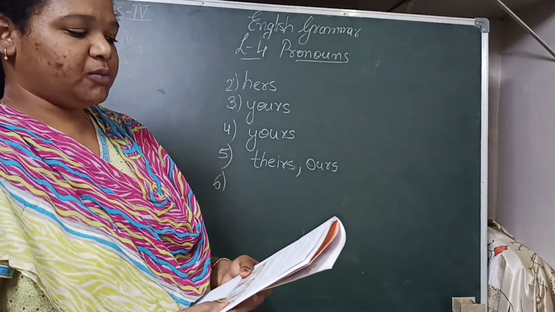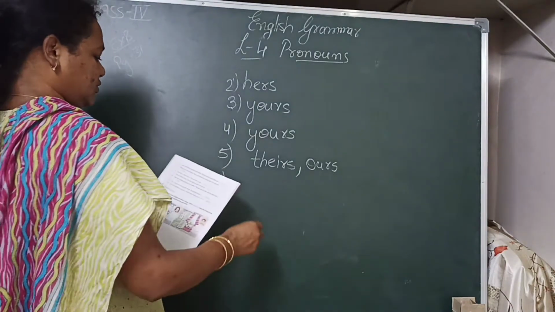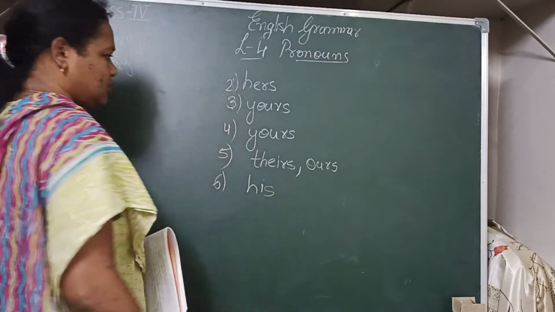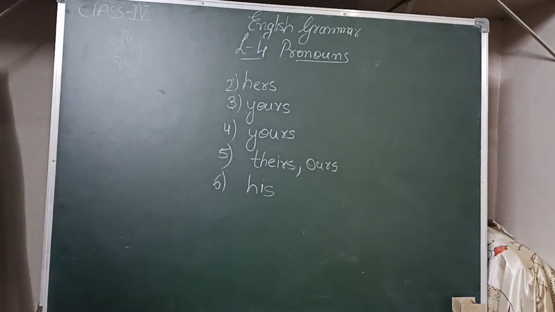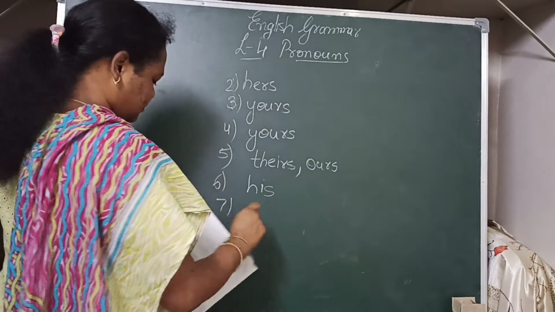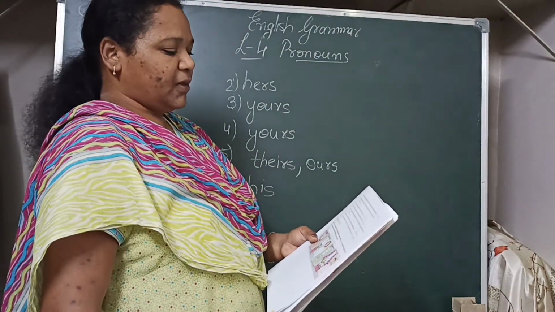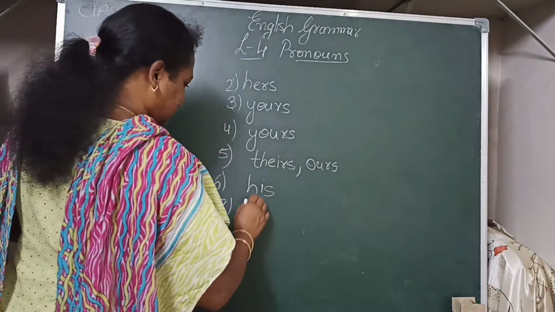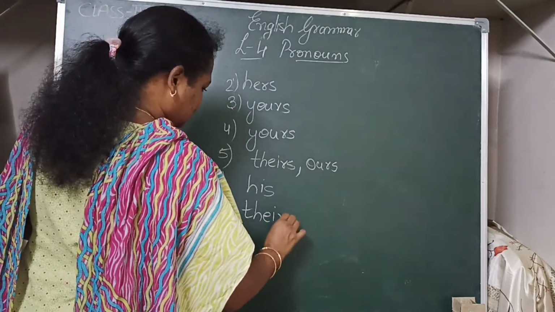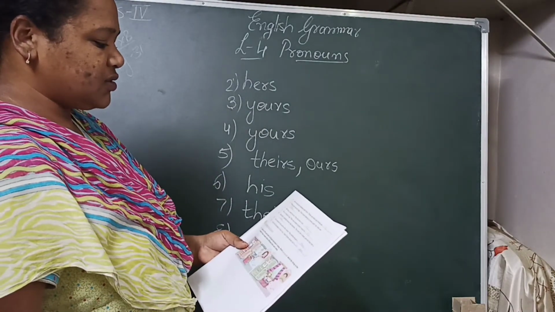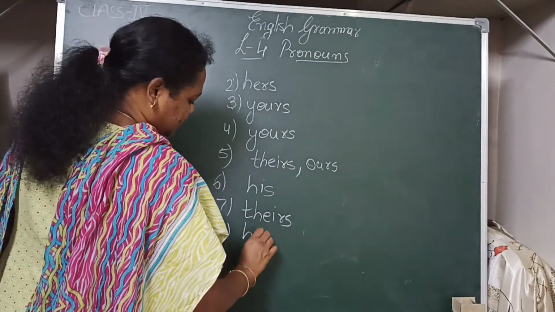I am sharing my marbles with Rishi. These are mine and these are his. Note down children. Seventh one, these are not our bags, they must belong to those girls. Yes, they are theirs. Eighth one, Hari has a new bicycle, this old one is not his.